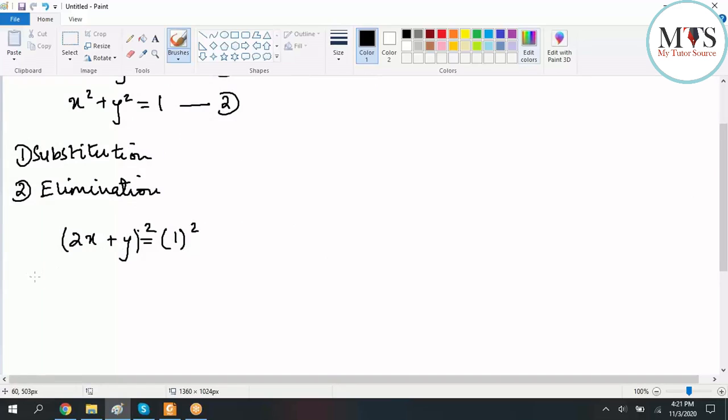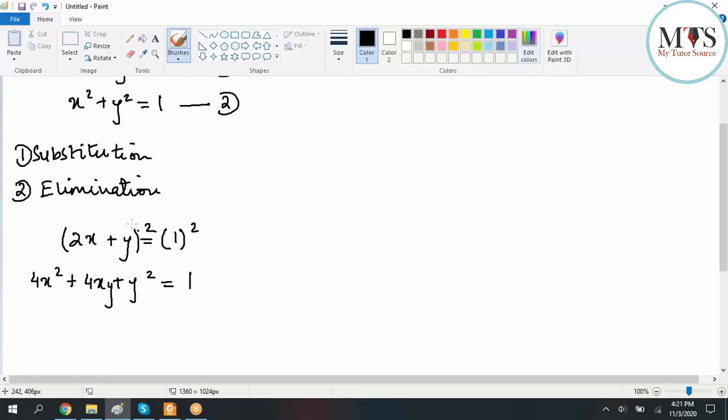Yeah, so would it be 2x squared, or would it be 4x squared? 4x squared. And then plus y squared. Plus 4xy actually, and then y squared equals 1.